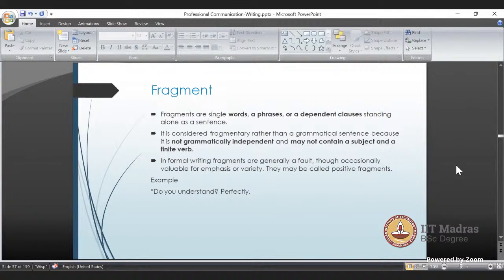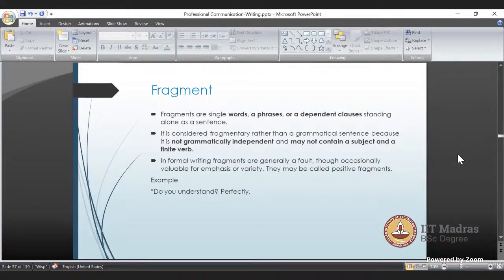So not all formal spaces are going to allow for fragments, but some of them, depending on whether it requires you to bring in some variety, wherein you need to add some flavor to your writing, an amusement flavor to your writing, sometimes it is allowed. And I think the most common example wherein you use them are in the ads.